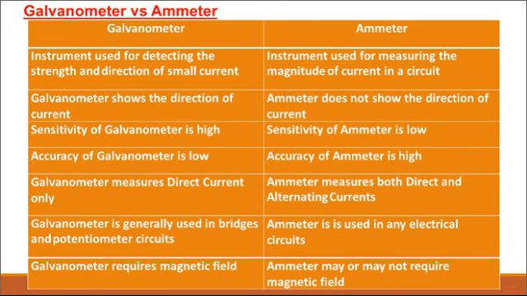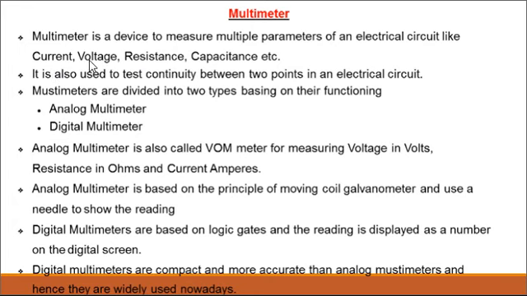Next one, multimeter. Multimeter is a device to measure multiple parameters, like current, voltage, resistance, capacitance, and many others. Multi means multiple.